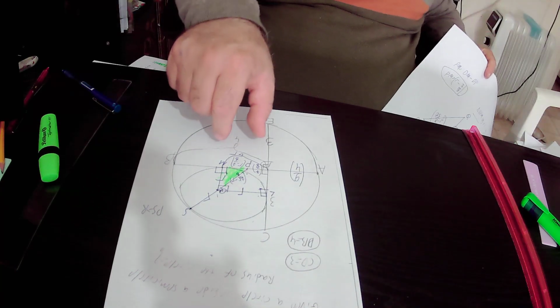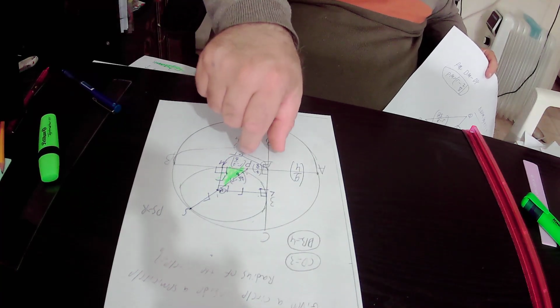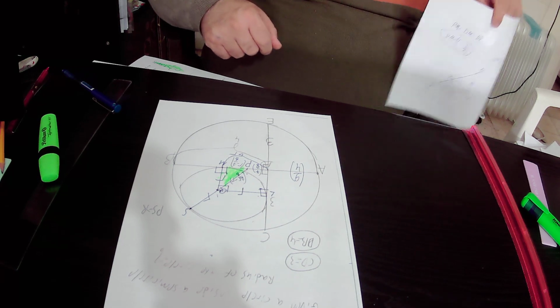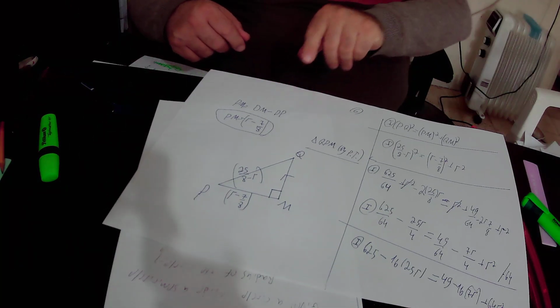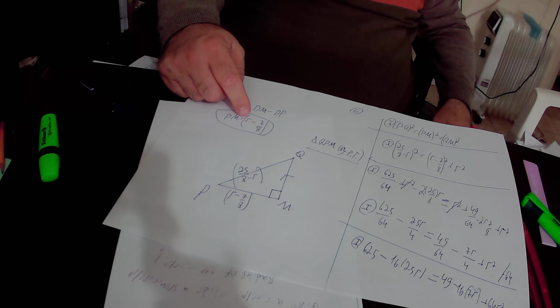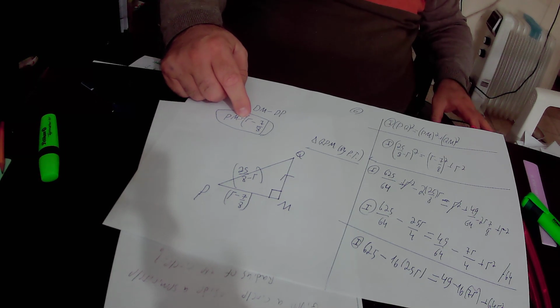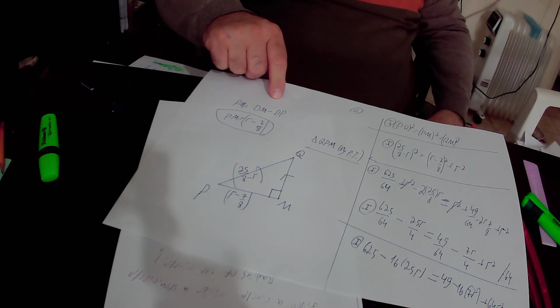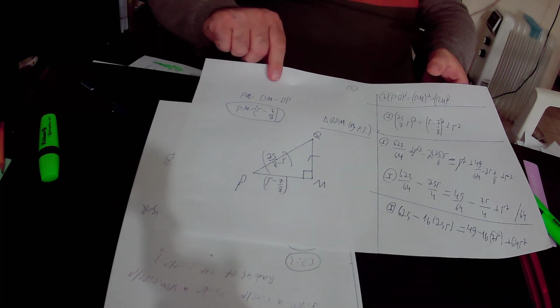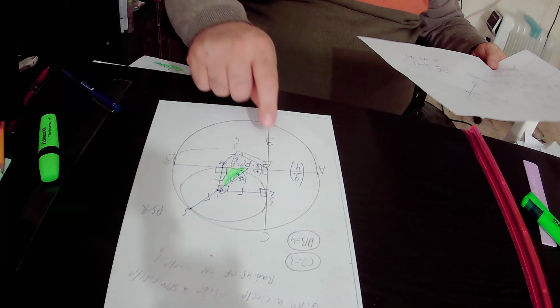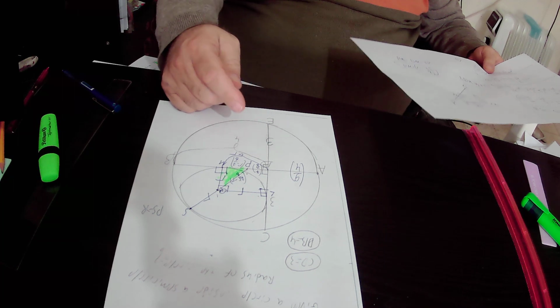Again, PM equals DM minus DP. DM is the radius of the small circle, that is to say it is equal to small r, so PM equals small r minus DP. We have already found out that DP equals 7/8.